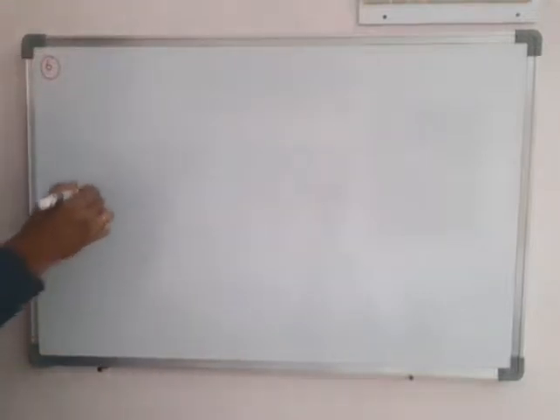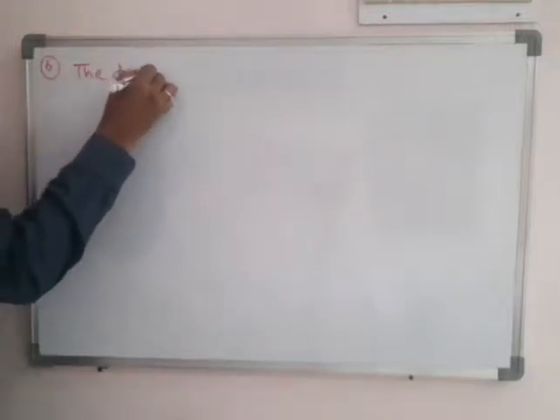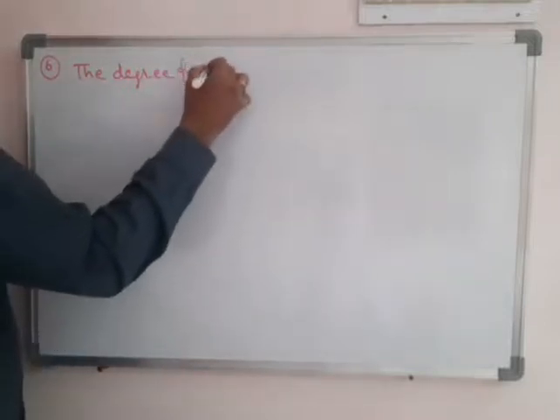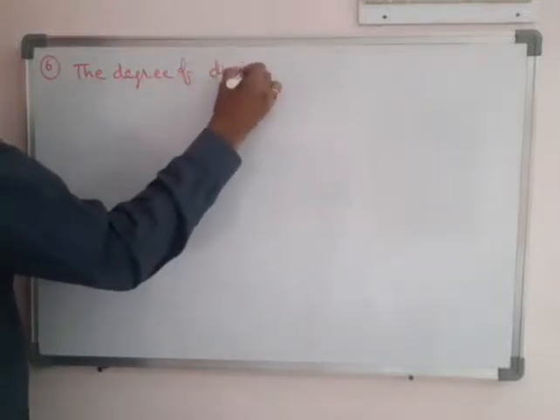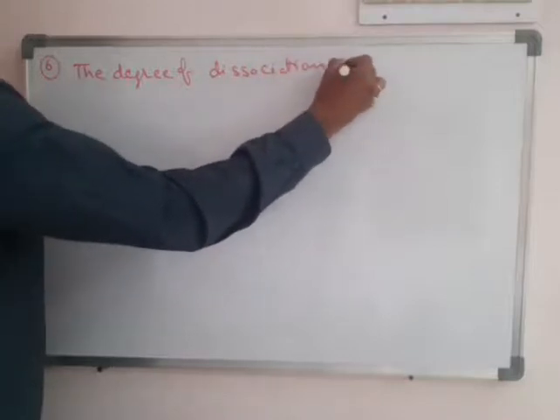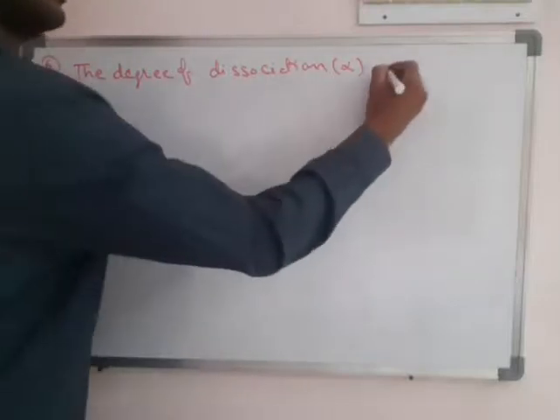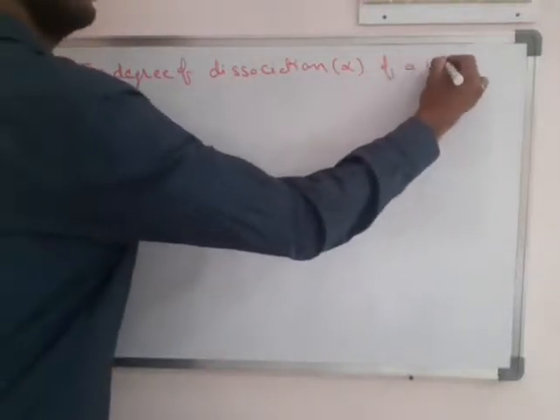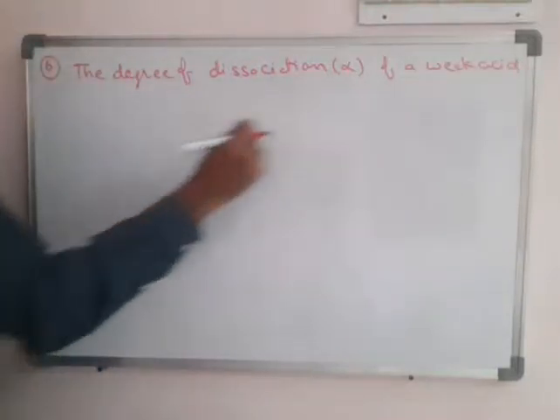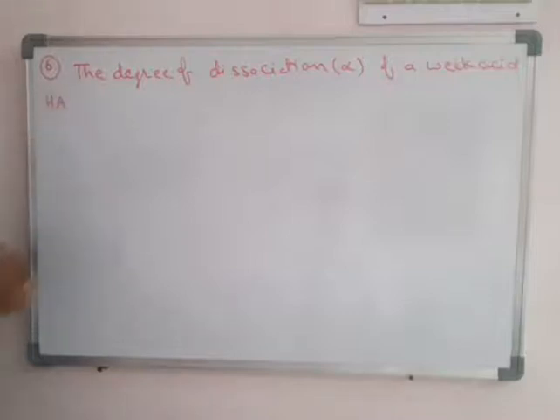You see the degree of dissociation, alpha, of a weak acid. The name is not mentioned, simply it is given as HA.